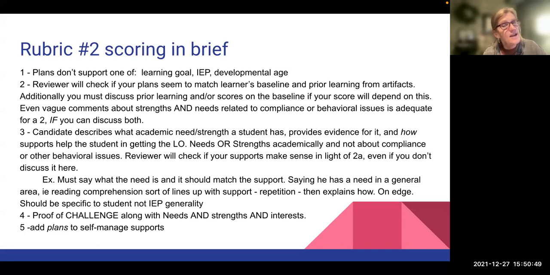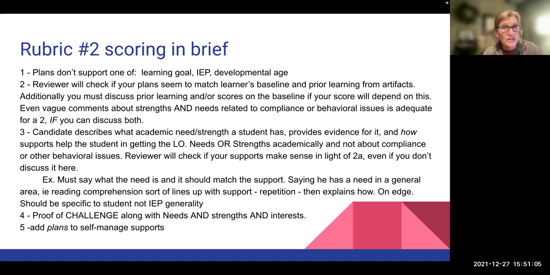And the strengths and needs, typically the TPA wants you to answer these questions in light of the academic objective that you're trying to obtain. But in this case, you could refer to compliance or behavioral issues, and that would be adequate for 2.